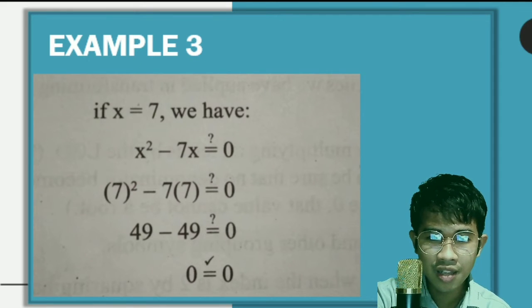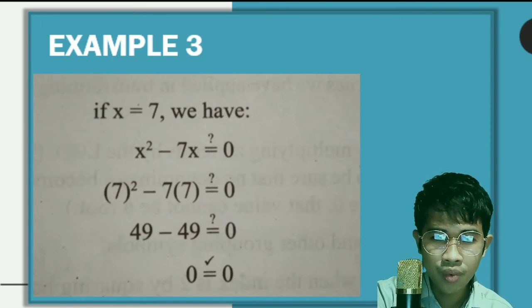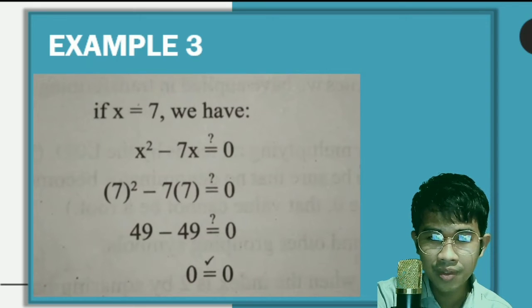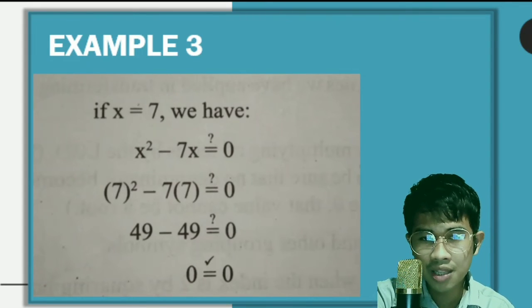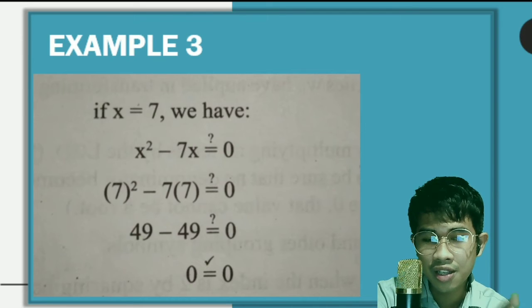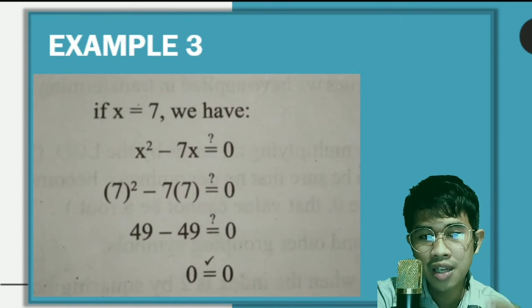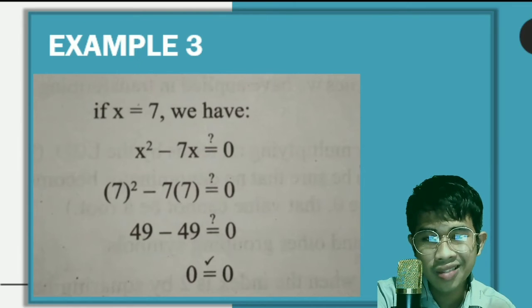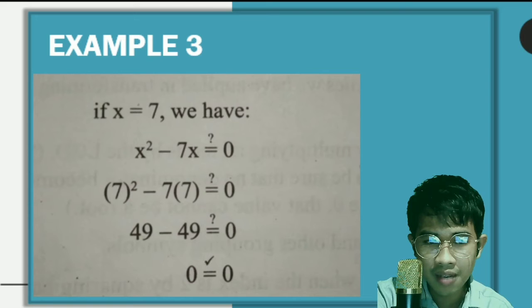Then negative 7x, ang x din change ta into 7 equal to 0. So 7 squared equal to 49 because ginamultiply ta ang number sa sulod sa parenthesis with itself. So 7 times 7 equals to 49.